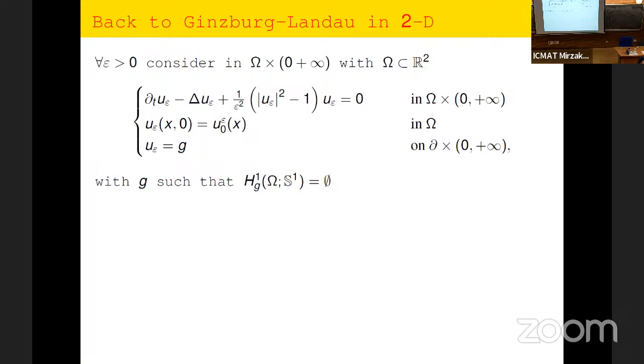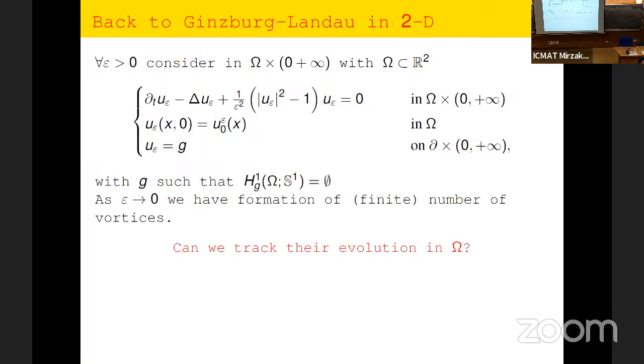there is a creation of vortices, maybe a finite number of vortices if you start with, say, a good initial condition. And so the topic is, can you track the evolution of the vortices, of the singularities, say, in omega? Is there an equation that describes the evolution of singularities?